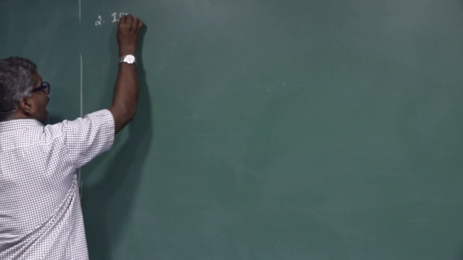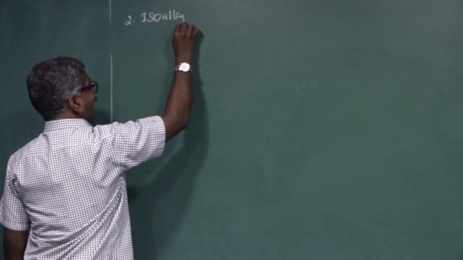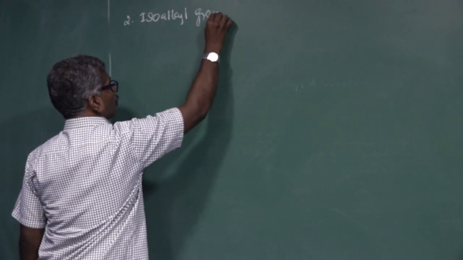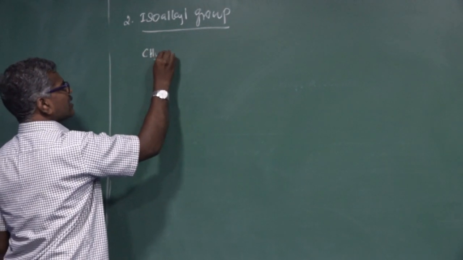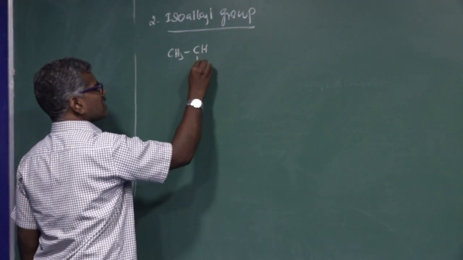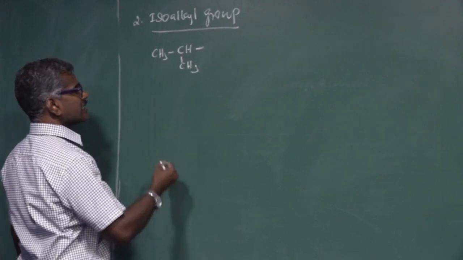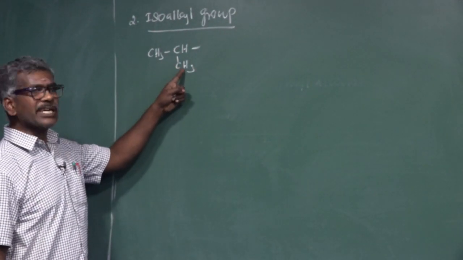Second one, isoalkyl group. That is CH3, CH, CH3. In this name, the second carbon has a branch.